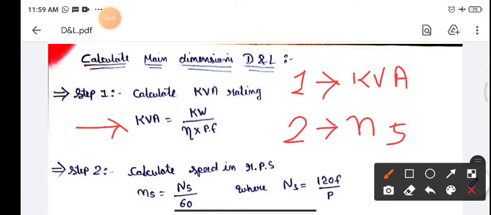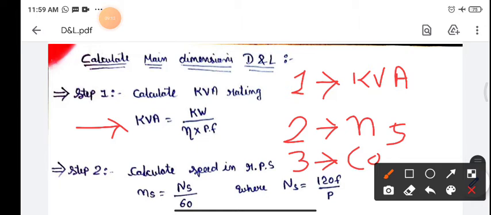Third step will be going after the output coefficient. Output coefficient is given by 11 BAV AC kW into 10 raised to the power minus 3. Here BAV is specific magnetic loading, AC is specific electric loading, and kW is the notation for winding factor.